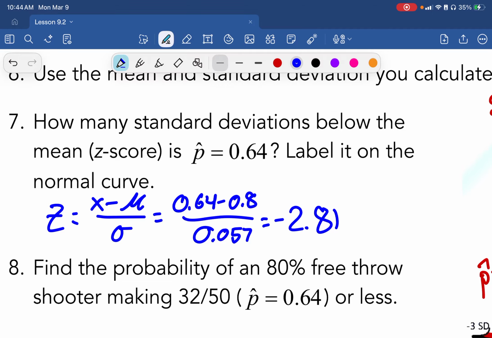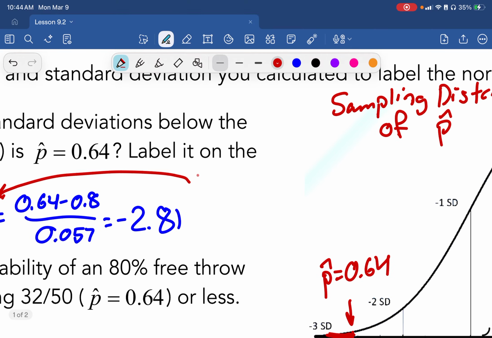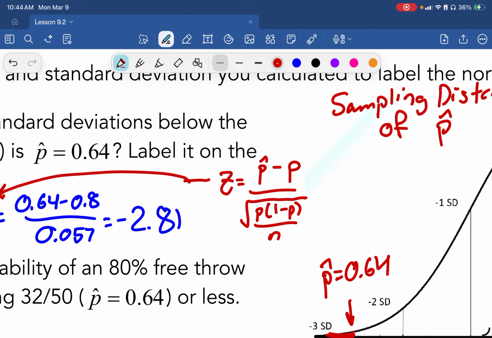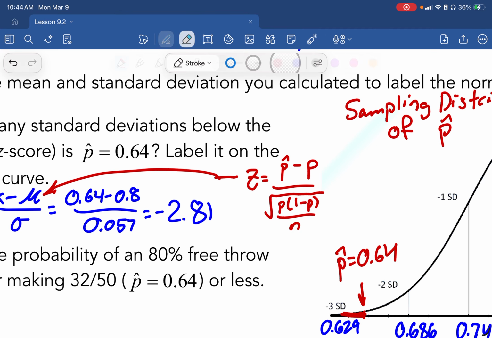Now, not to scare you, but we wouldn't actually use this formula. The formula we would use is p hat minus p divided by the square root of p times 1 minus p over n. And look, these things all relate, right?